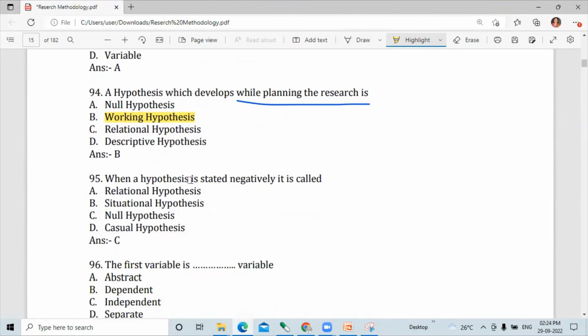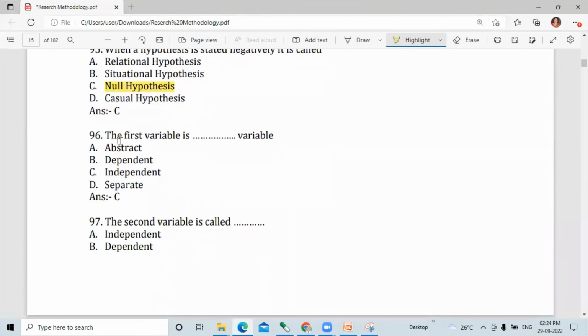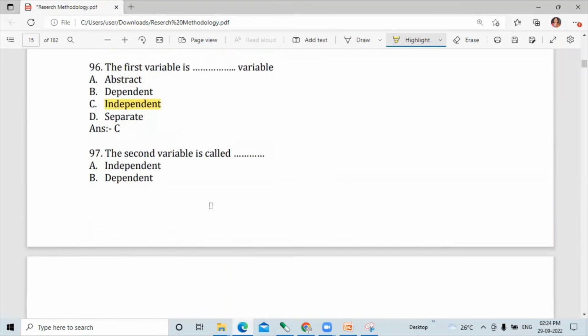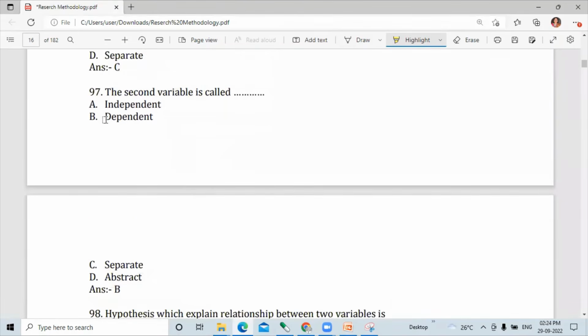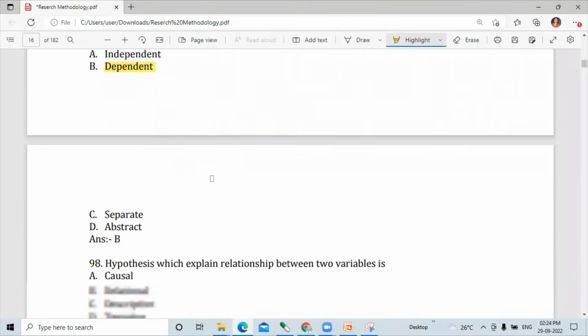Next, when a hypothesis is stated negatively, it is called what? It is called null hypothesis. The first variable is independent variable and the second is dependent variable.